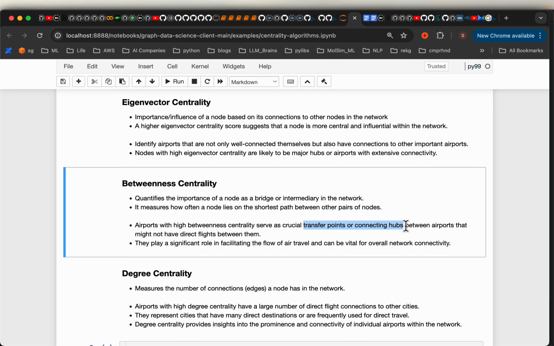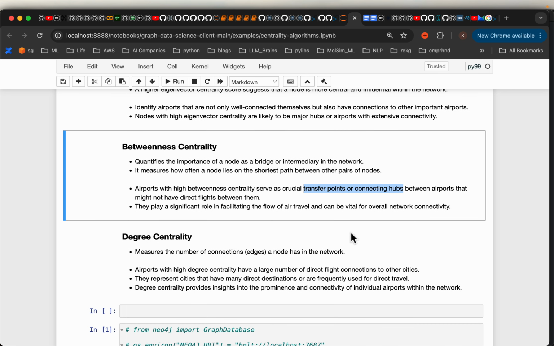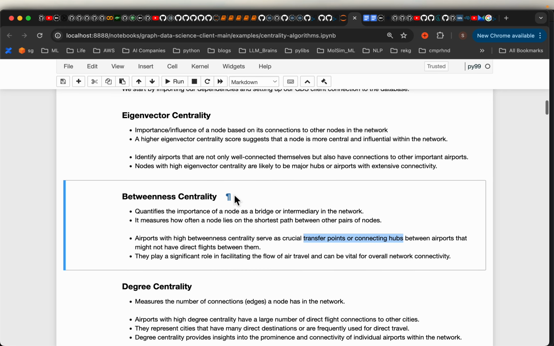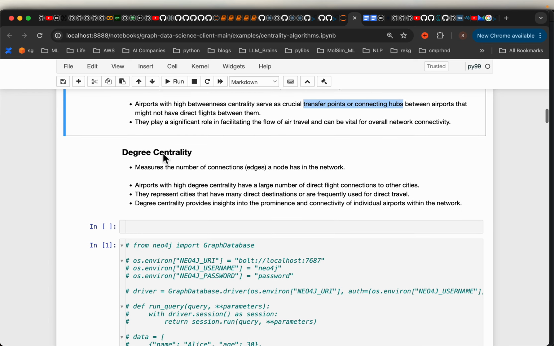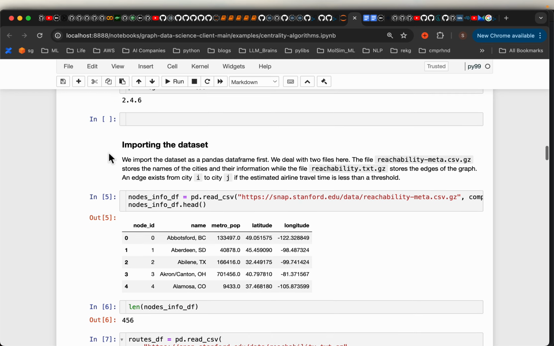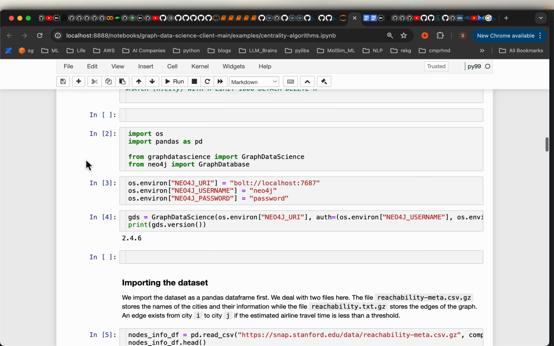For example, we might have many cities which do not have direct flights between them, but there are certain airports which act as transfer points or central hubs. So these are the sorts of analysis we can do using these graph centrality algorithms. We'll come to them in a moment again, but let's set up the graph database.